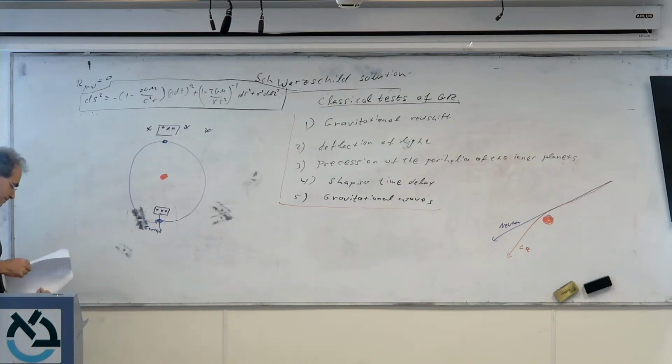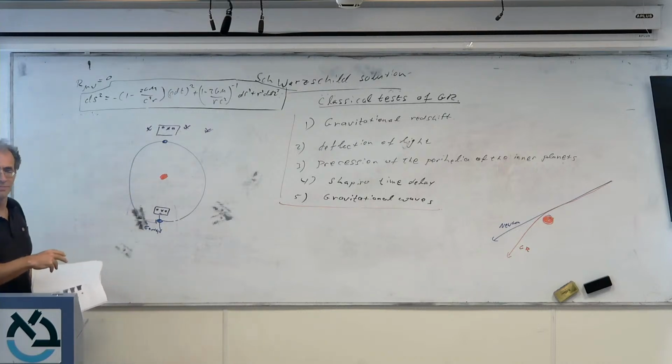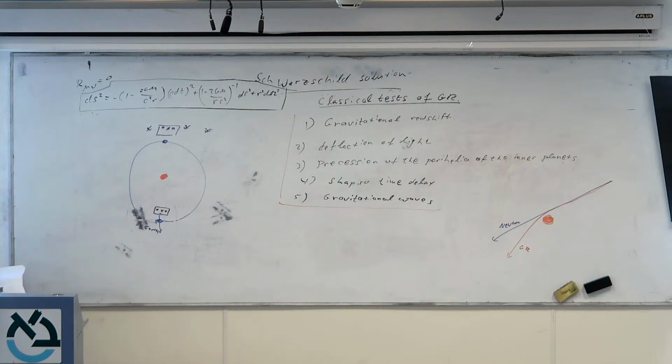Let's write down the equation again. So you understand what happened? First they did it, then they waited half a year. They had to wait half a year, otherwise there's nothing to compare it to. They had to go to locations where they could see the solar eclipse.